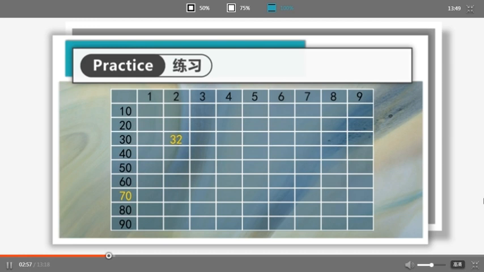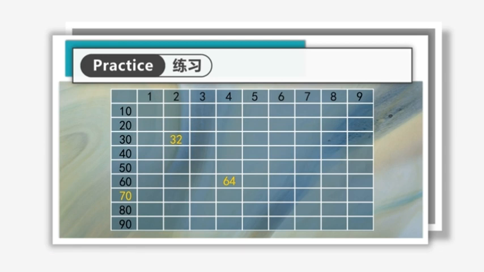Number 3. What's this? Very good. 64. Number 4. What's this? Very good. 56. Number 5. What's this? Very good. 89.